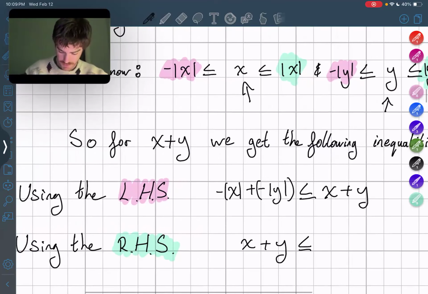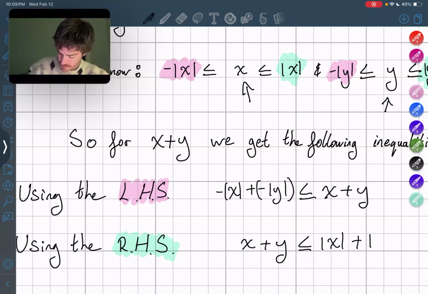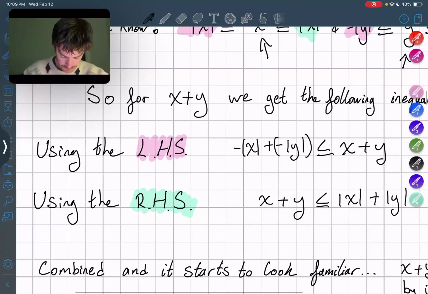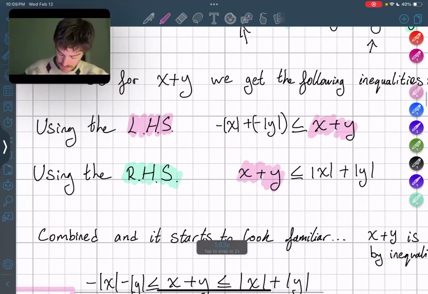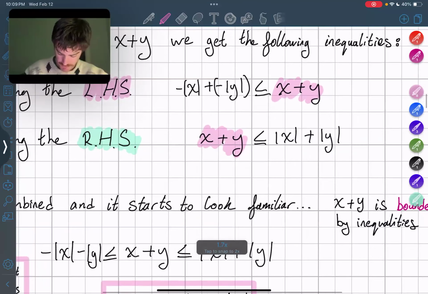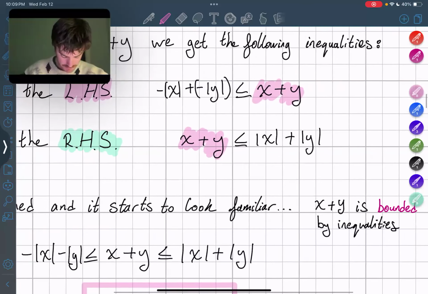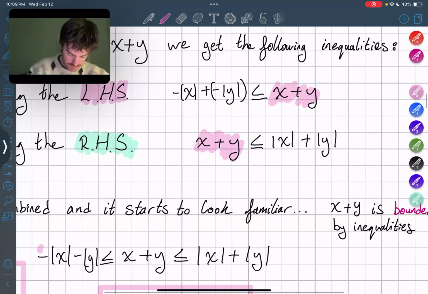And on the right-hand side, we have that x plus y is less than or equal to the absolute value of x plus the absolute value of y. Once we combine these, because they both share this lovely x plus y, things are going to start to look familiar, and you realize that x plus y is actually bounded by these inequalities. So over here, we have our left-hand side, and on the other side, we have our right-hand side.